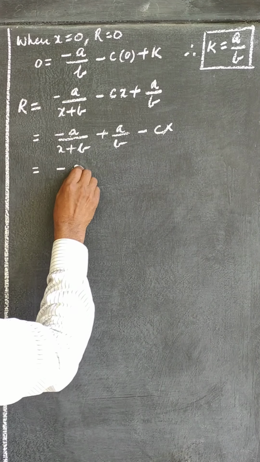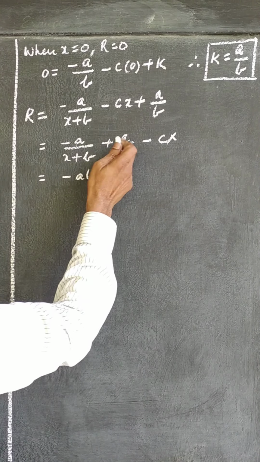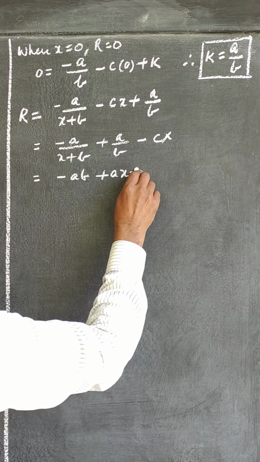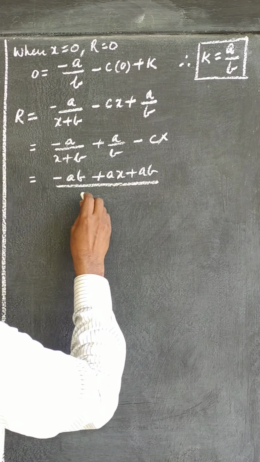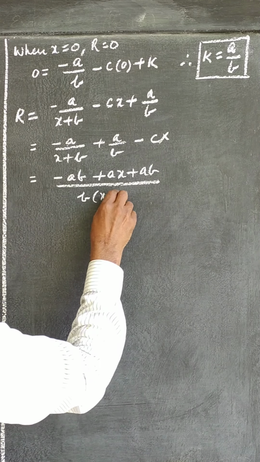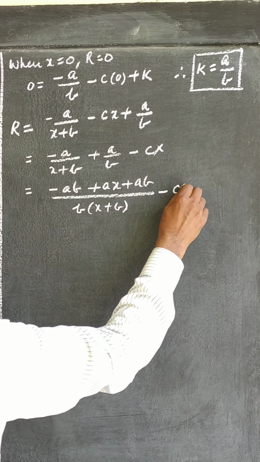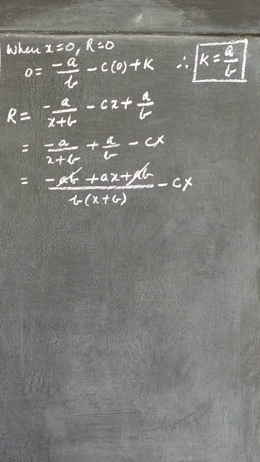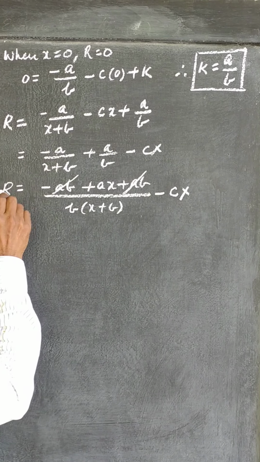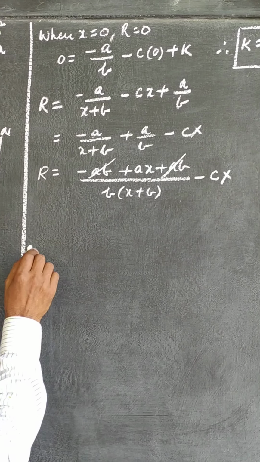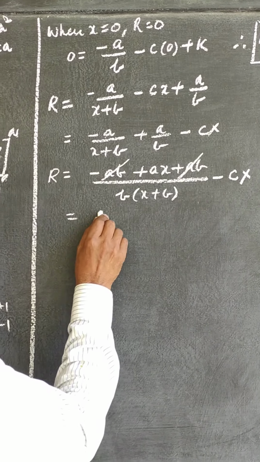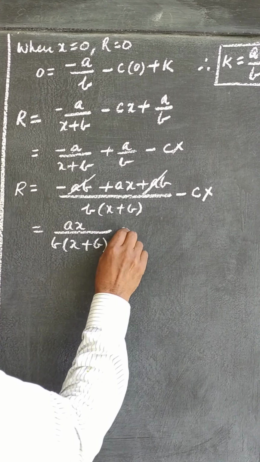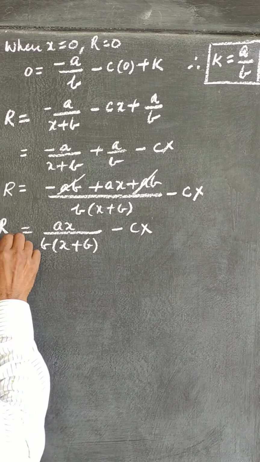So minus AB, cross multiplying for these two terms only, then plus A(x plus B), whole divided by B into (x plus B), minus Cx as it is. Now this minus AB plus AB gets cancelled. So R is equal to Ax by B into (x plus B) minus Cx.